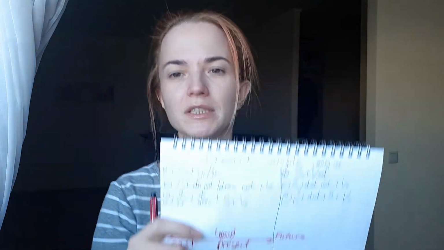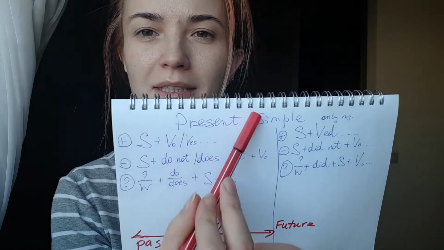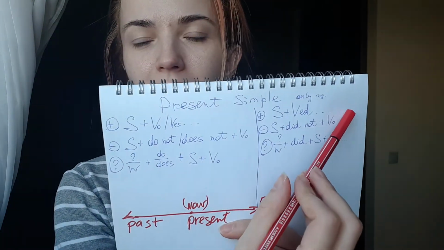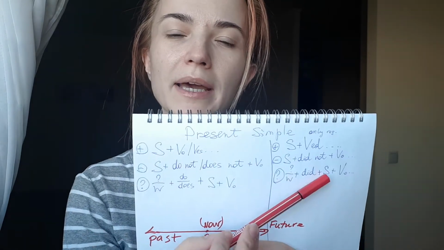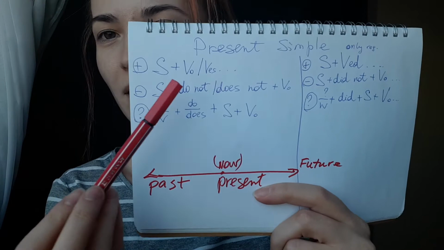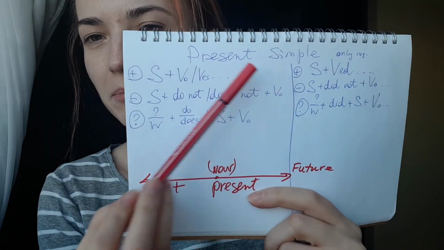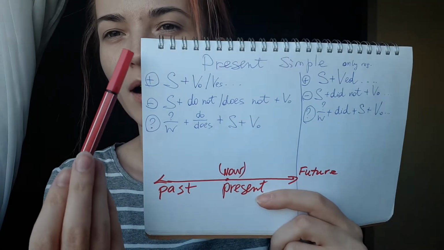Also, I would divide my whiteboard into two halves like this. Here present simple and past simple for students to see and to compare these two tenses. So present simple, affirmative, negative and questions.